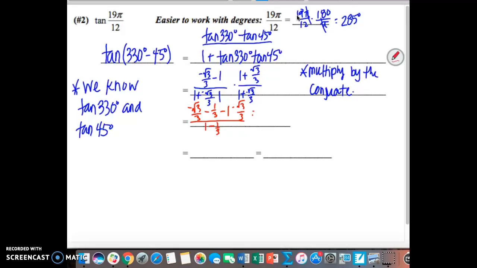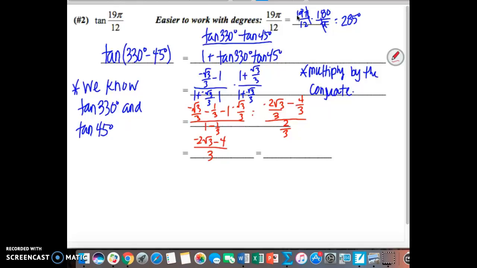Simplifying this, we have negative 2 times the square root of 3 over 3 minus 4/3, all divided by 2/3. Simplifying this further, we are left with negative 2 times the square root of 3 minus 4 all over 3, which is just our numerator, all being combined in the same fraction.